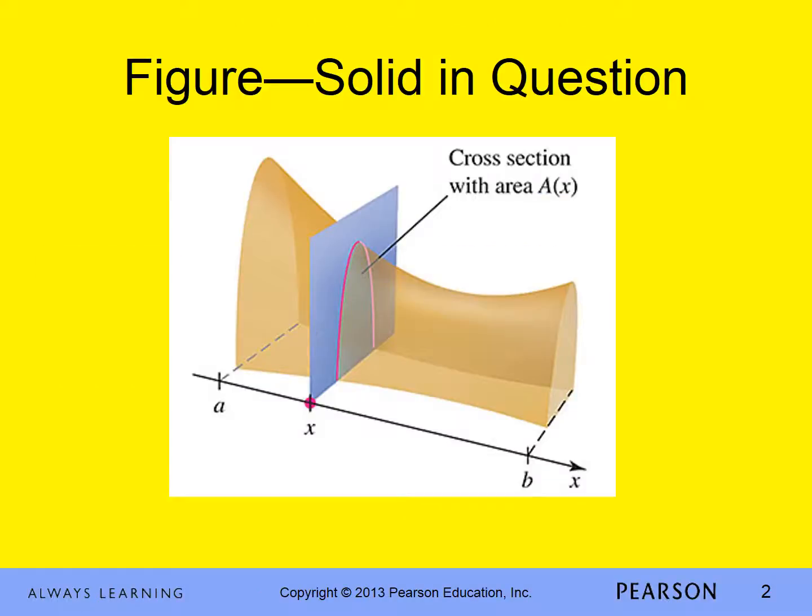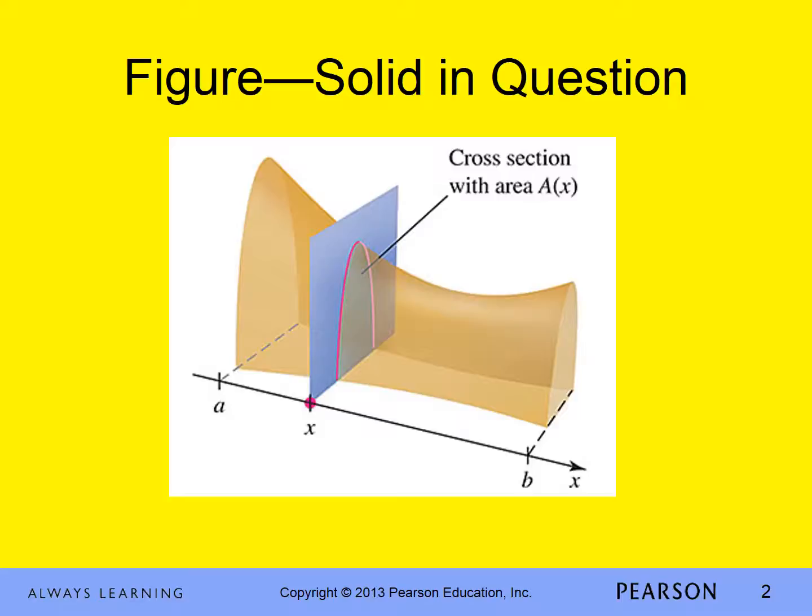So here's a general solid in 3-space, a loaf of bread, not given by a handy formula for volume, like the volume of a right circular cylinder is pi r squared h, but we can determine the area of a cross section.